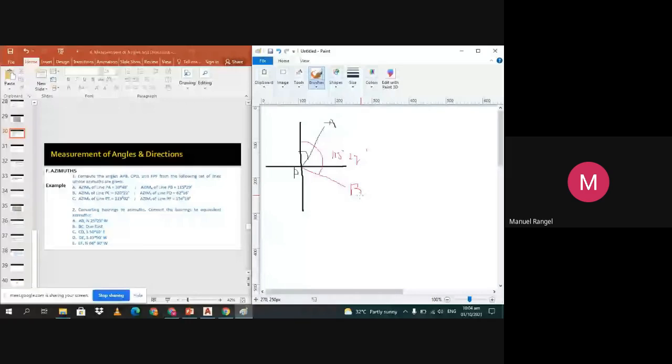So compute the angle APB. Subtract 115 degrees 29 minutes and the azimuth of line AP. That would give you a value for this angle we are looking for, equal to 75 degrees 41 minutes.